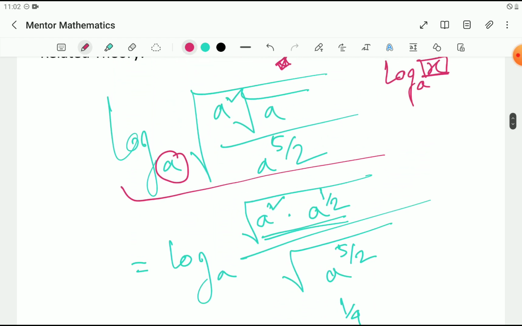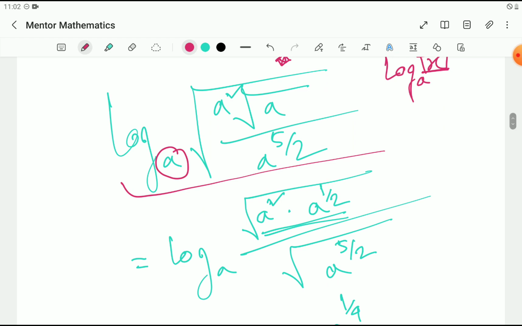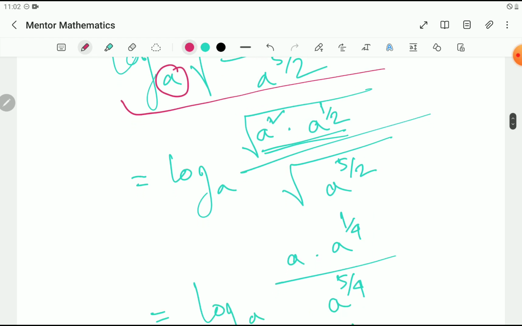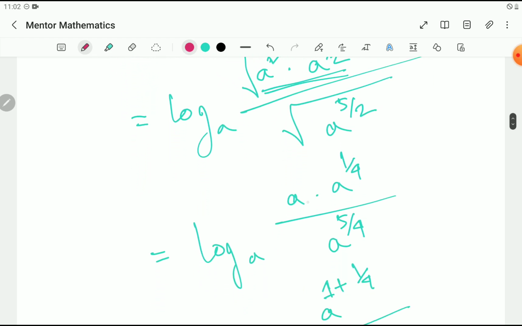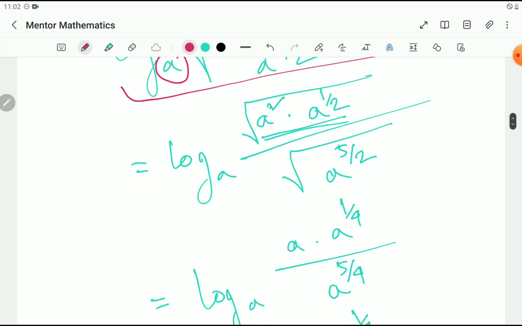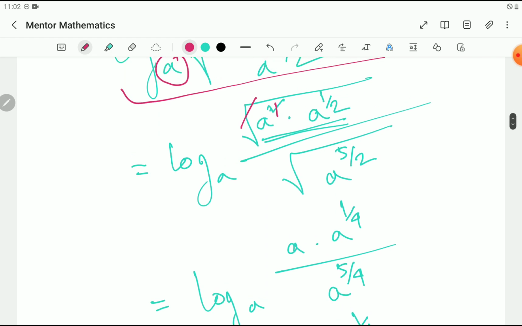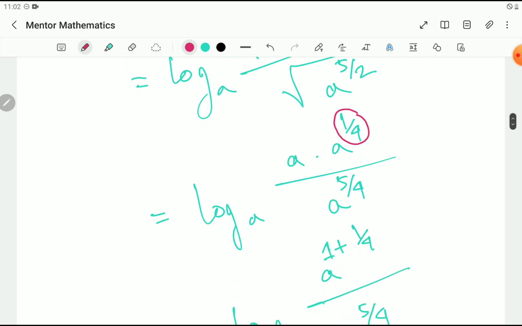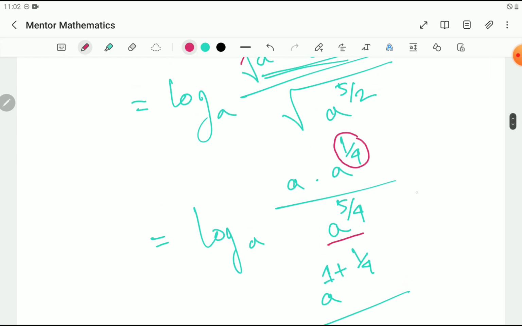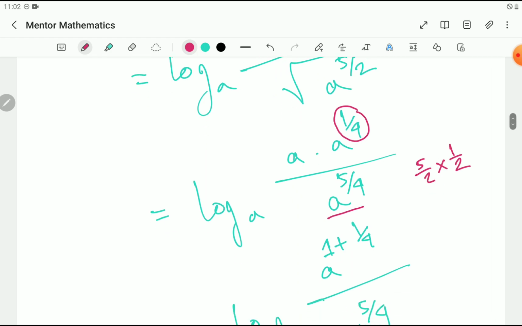So first of all, what we can do, we can simply write this part, root over A, equal to A power half. Then next step, this root and this square cancel out, and the power of A becomes 1 by 4. And also in the denominator we did the same, it becomes 5 by 4.